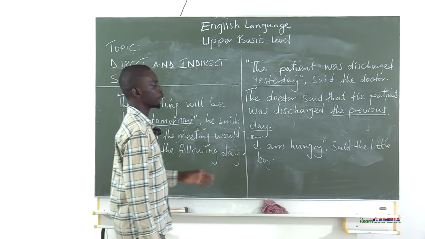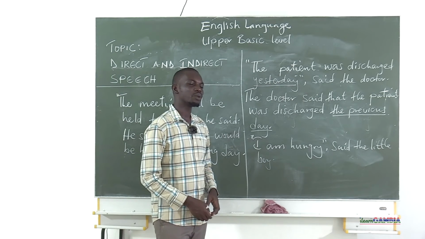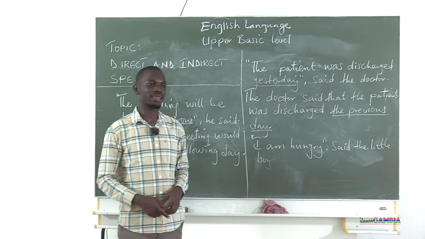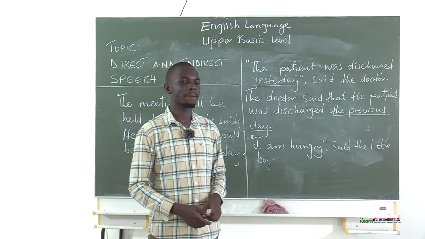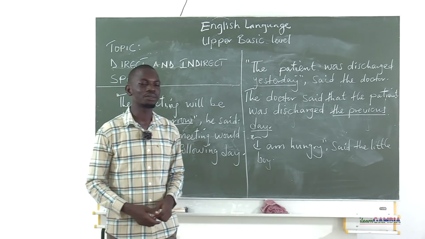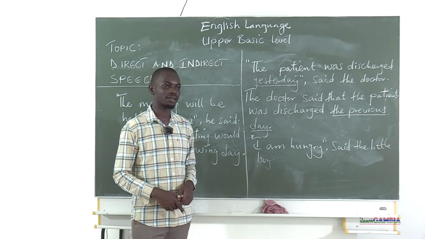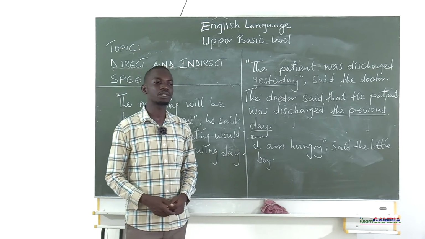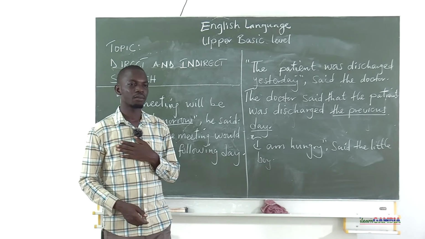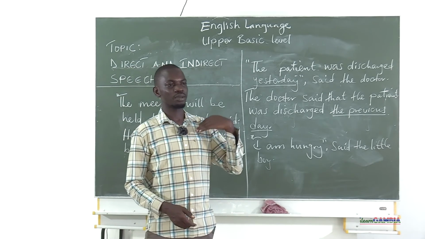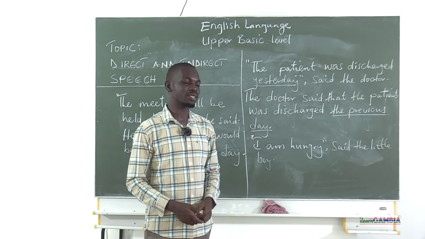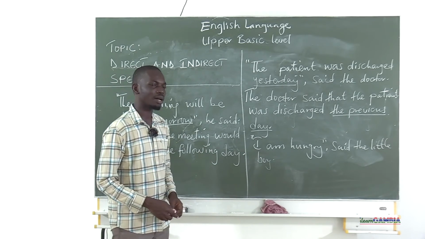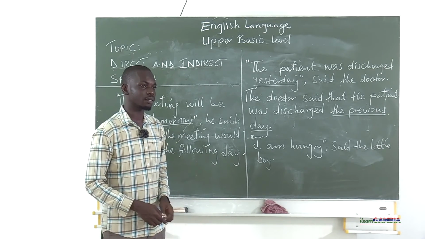I am hungry. So when we are reporting this, we don't need to use the pronoun I again, okay? Because the little boy is not the one speaking now, all right? The little boy used the first person singular because he was referring to himself. But when you want to relay or report what that boy said, you will have to use the third person singular, that is he, okay?